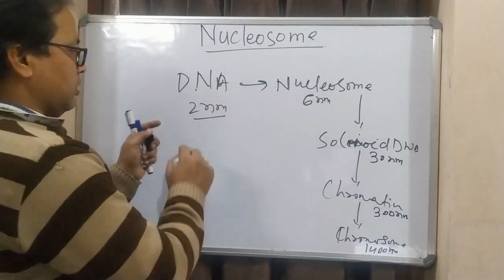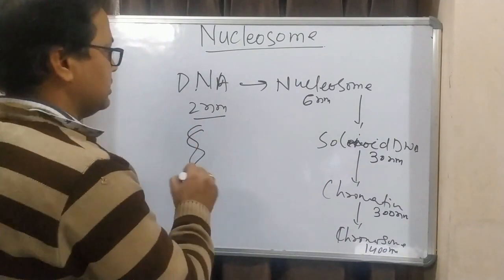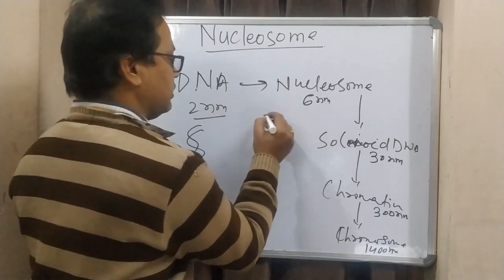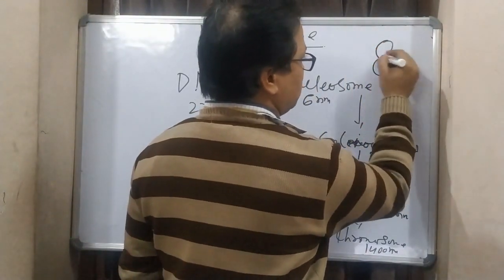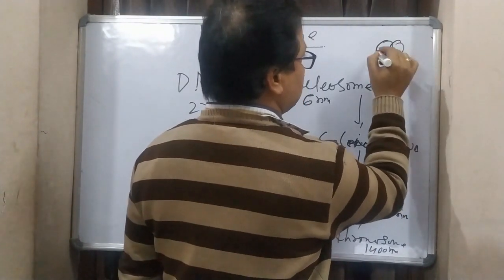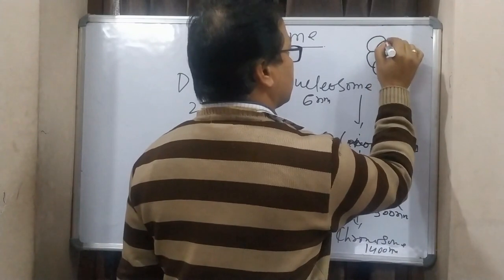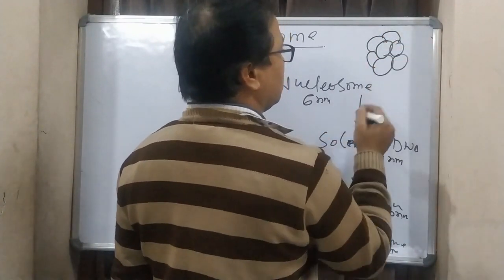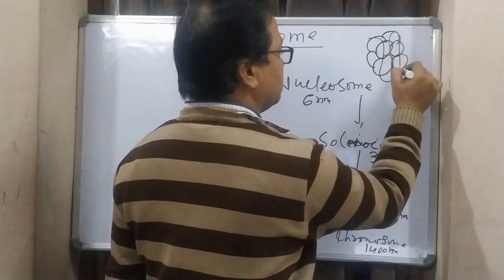So DNA, which was a double helical structure, gives us a bead-like structure. On this, DNA will be wrapped.